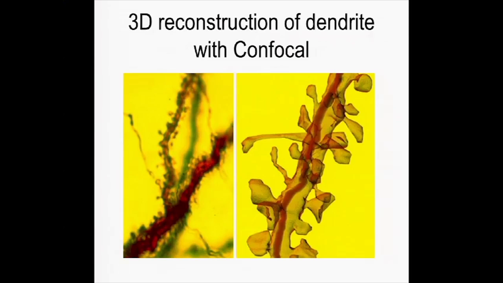So here are some reconstructions of a dendrite. With nice high-quality confocal microscopy, not only can you see a single cell, but you can create a 3D reconstruction of it. One of the questions we have is, when animals start learning, you'll actually see an increased number of synapses. And often you'll see double synapses between a presynaptic cell and a postsynaptic cell if that becomes a really important connection.